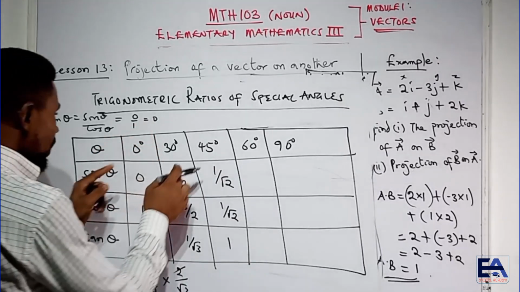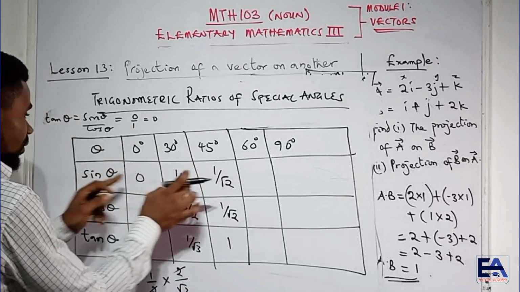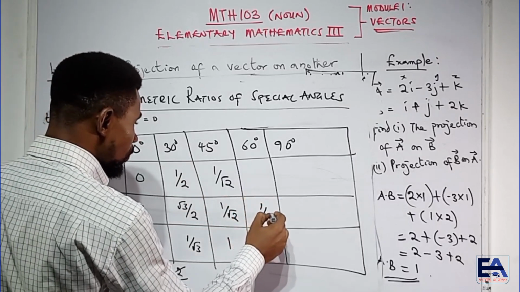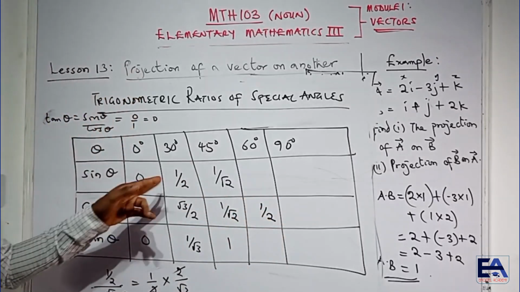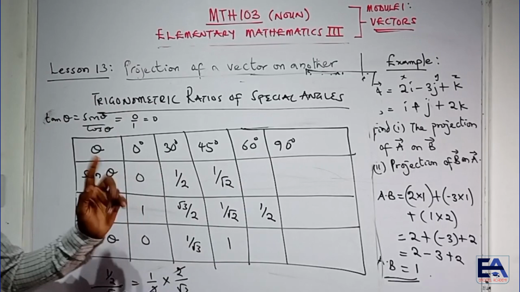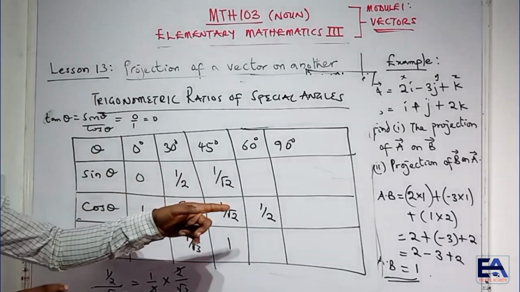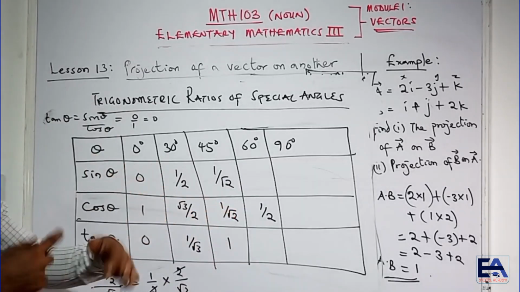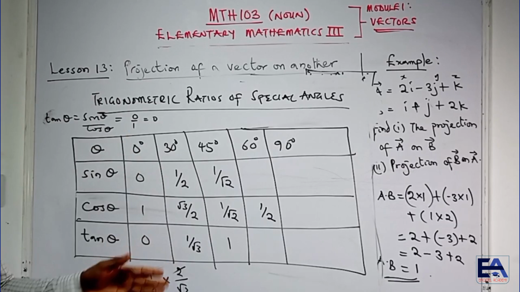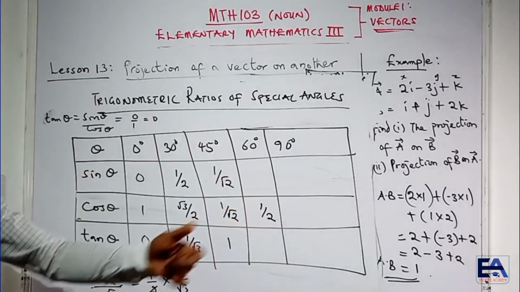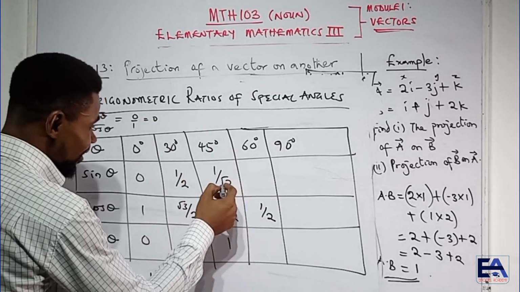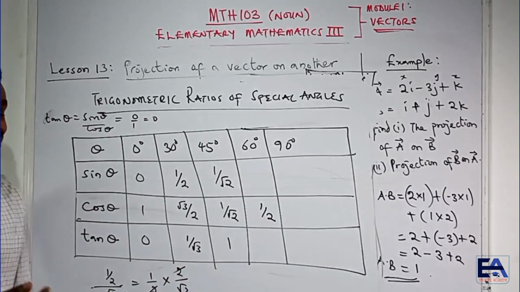So sine 30 degrees is half, so cos 60 degrees is half. What cosine was when sine was 30 degrees is what sine will be at 60 degrees. I don't know whether I'm saying it right, that English is even confusing myself.